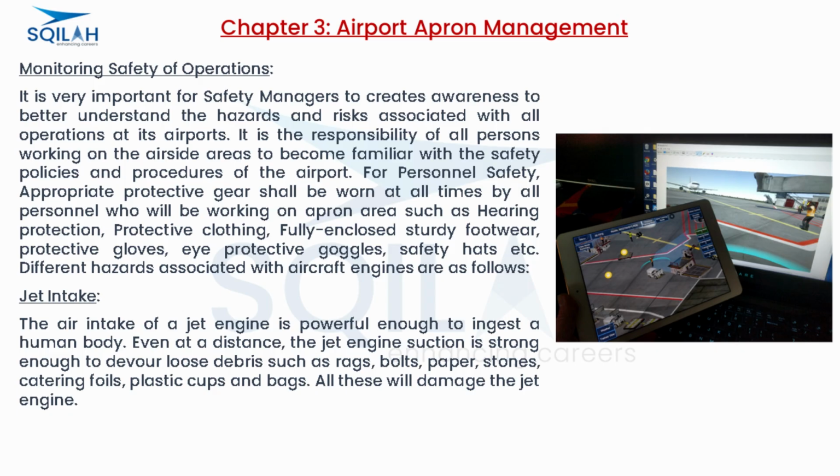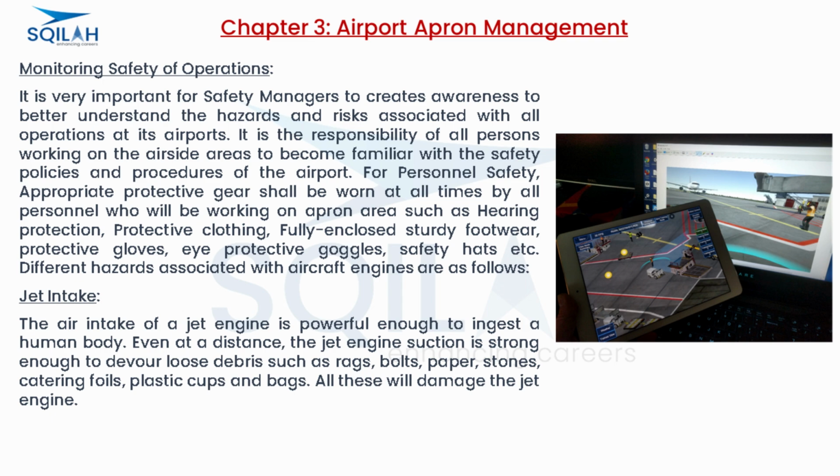Monitoring safety of operations. It is very important for safety managers to create awareness to better understand the hazards and risks associated with all operations at their airports. It is the responsibility of all persons working on the airside areas to become familiar with the safety policies and procedures of the airport.